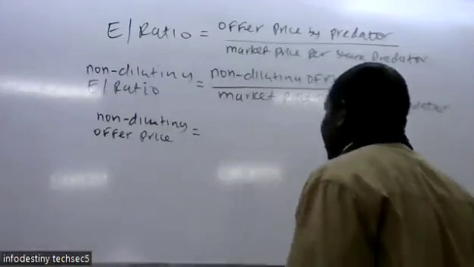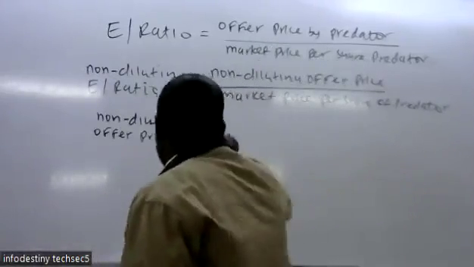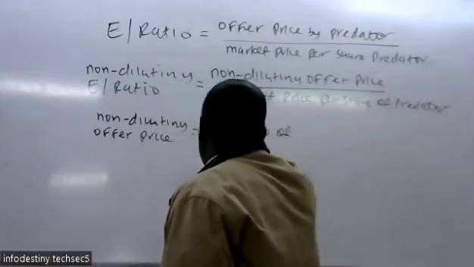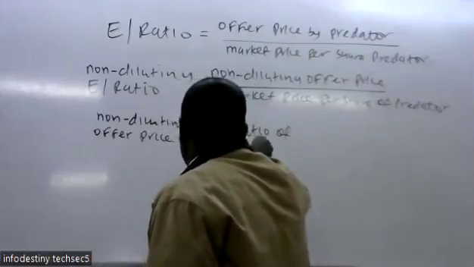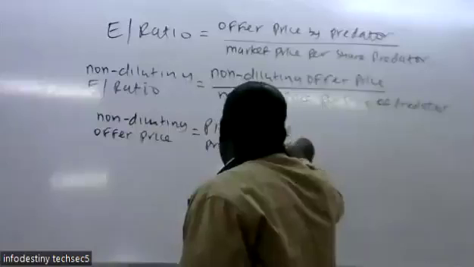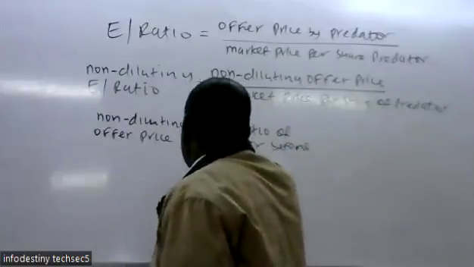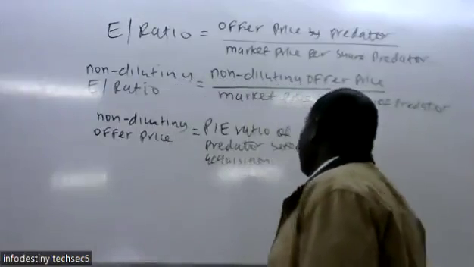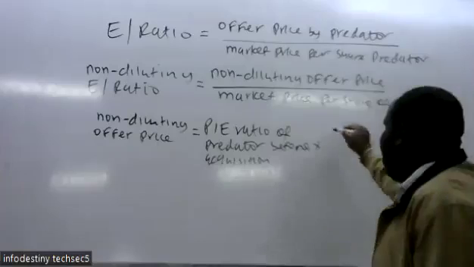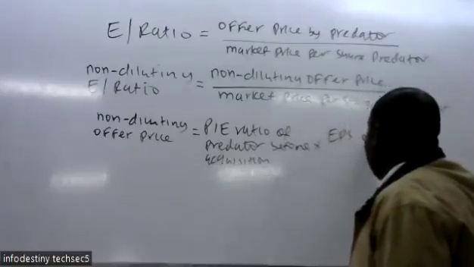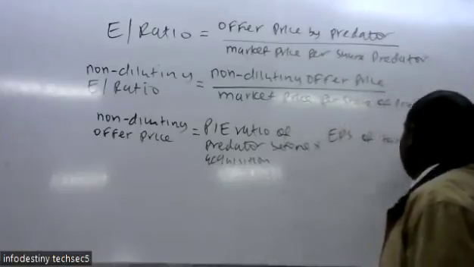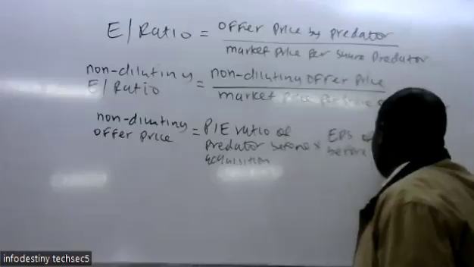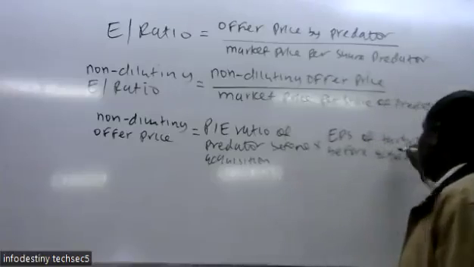The non-diluting offer price is given by the price earning ratio of the predator before acquisition or merger, multiplied by the earning per share of the target, also before the acquisition or the merger.